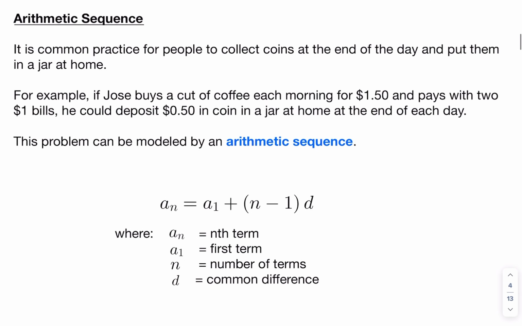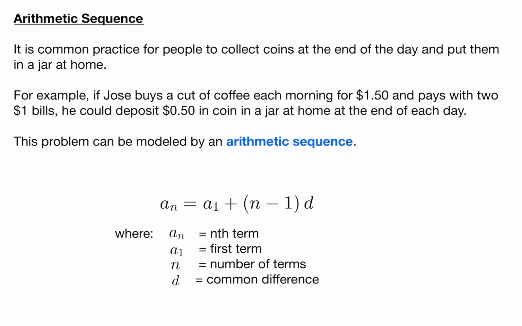All right, now shifting gears, something a little bit similar to simple interest, however a little bit different, is called the arithmetic sequence. At least back in the day, before we went to digital banking, it was normal for people to collect coins from expenses that they incur every day.